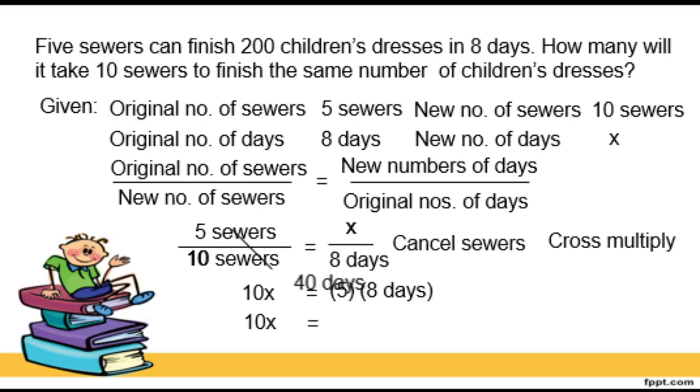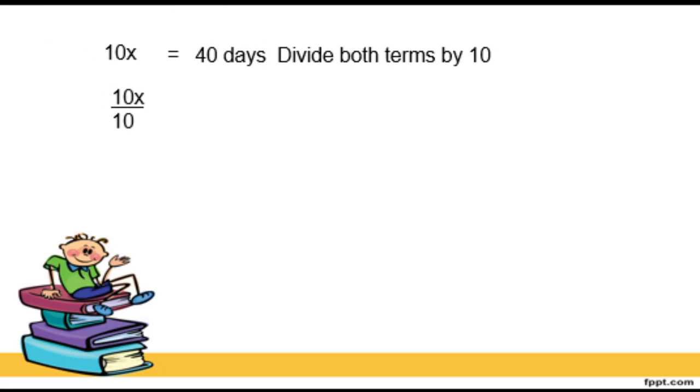So, divide all terms by 10. So, 10x divided by 10 is x, and 40 divided by 10 is equal to 4. So, meaning 4 days is the answer.